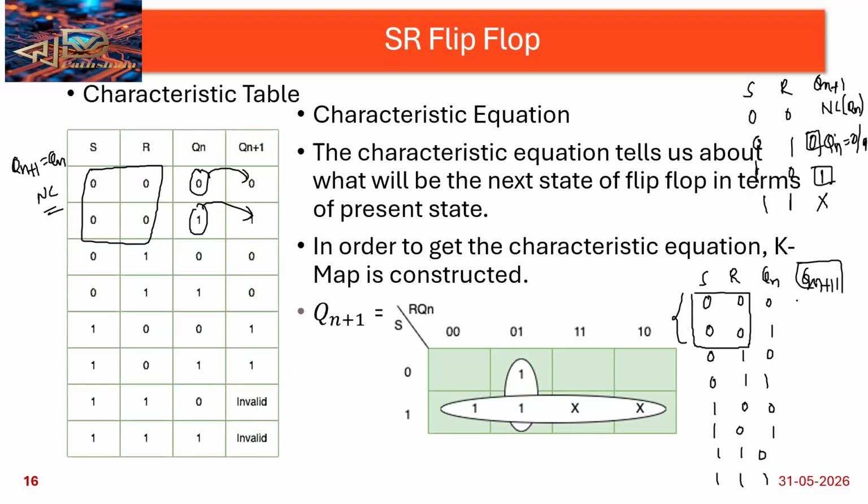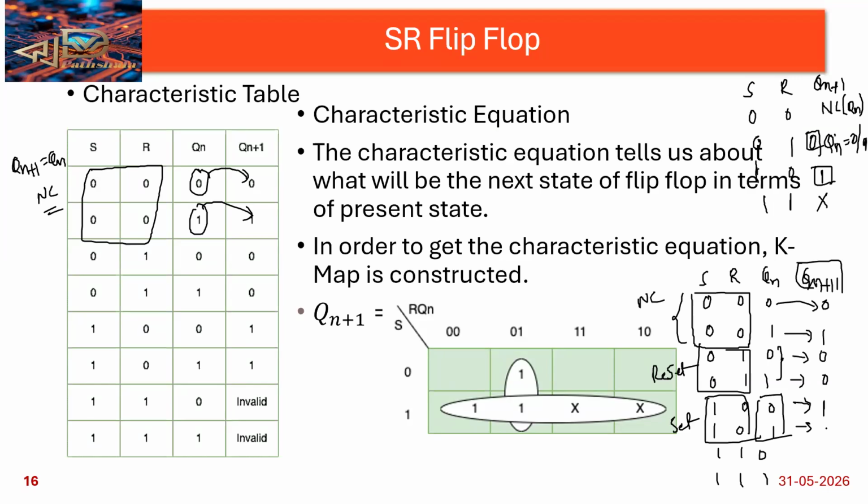So this output will be 0 and this is 1, and again this is the no change condition. Then the 0 1 case is the reset condition. During reset, Qn is 0 or 1, I don't care, Qn plus 1 is 0 only. Again the 1 0 condition is the set condition, so whether Qn is 0 or 1, I am setting the value to 1 only.